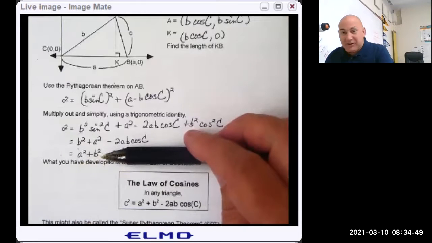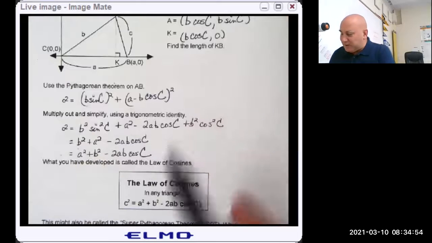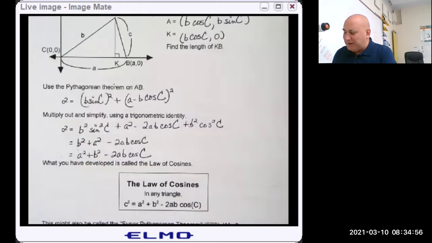That's the Pythagorean theorem. But that only works for right triangles. If your triangle isn't right, oh, you've got to throw in this minus 2ab cosine C, and that's your law of cosines.